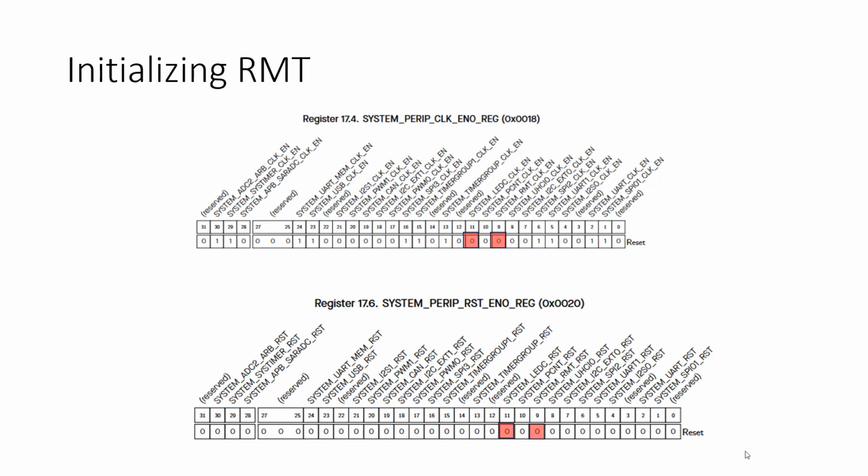Now, by the way, in order to do that, you just have to know the addresses of those two registers, and we give those addresses to you in the lab sheet. These numbers here are actually offsets. These are addresses, but they're not the absolute address.